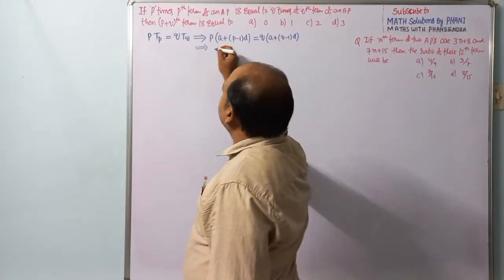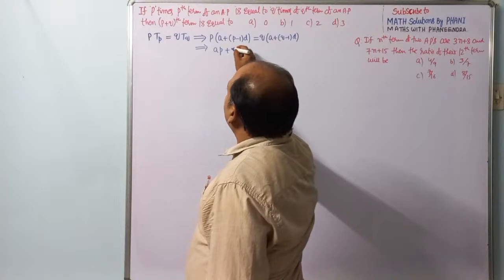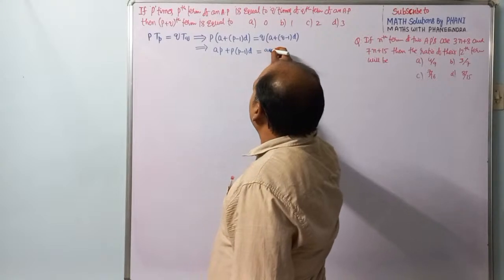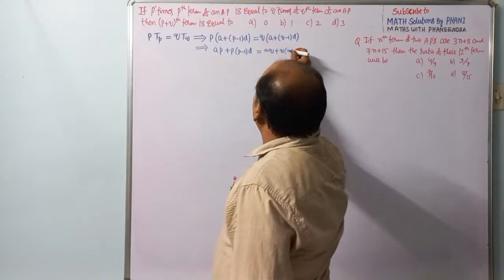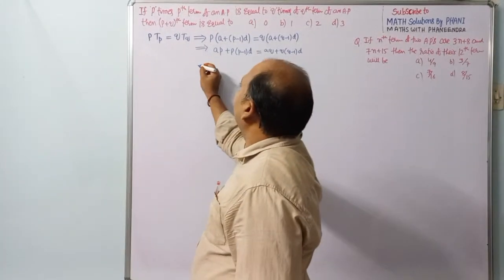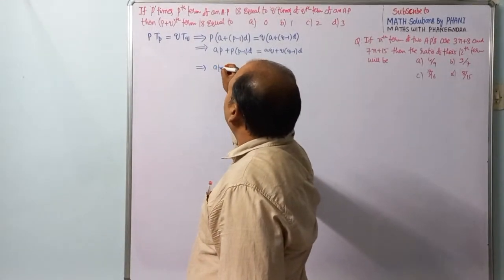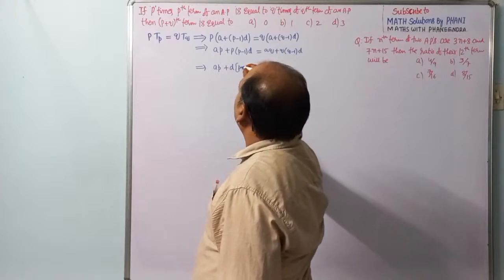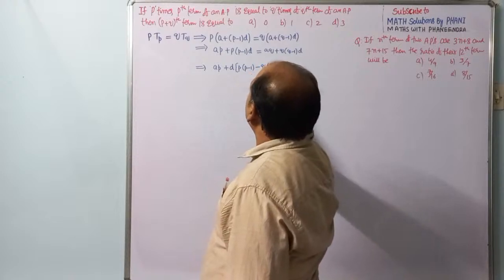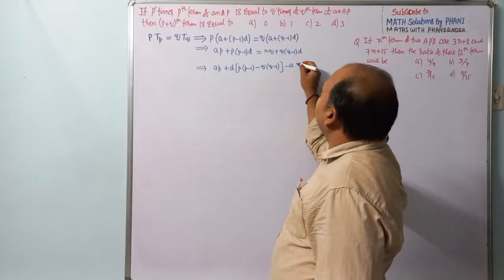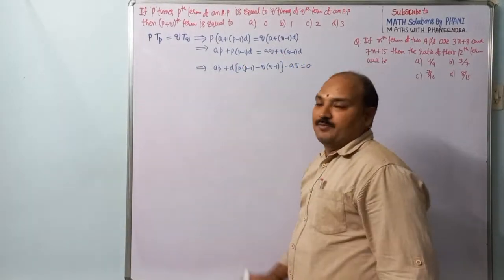That implies ap plus p into p minus 1 into d is equal to aq plus q into q minus 1 into d. We'll bring this all to one side: ap minus aq plus d into p into p minus 1 minus q into q minus 1 equal to 0.